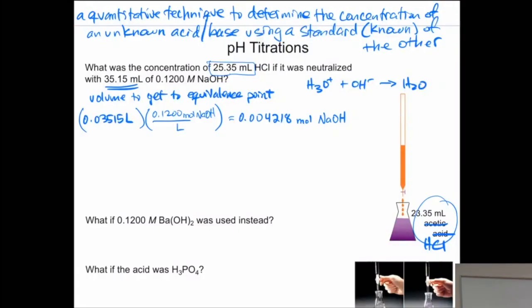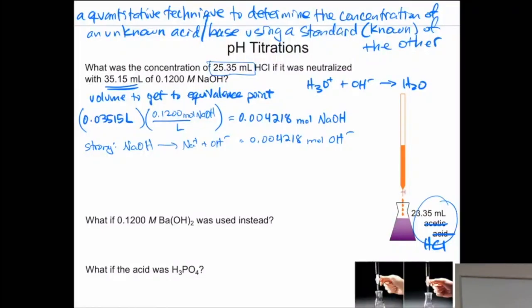Now we know this is a strong base. So that tells us how many moles of sodium hydroxide there were, right? We know it's strong. So for every mole of NaOH that I add, I'm going to get the same number of moles of hydroxide ions. So that means I'm going to have 0.004218 moles of hydroxide ion.